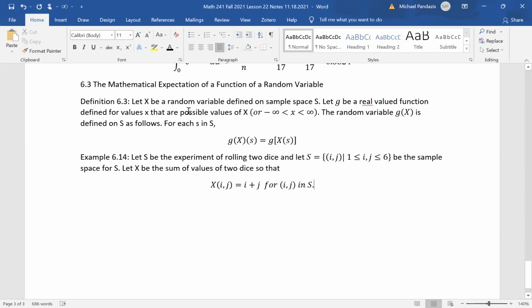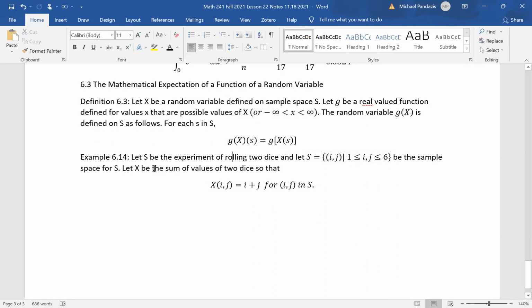So what am I saying? Let capital S be the experiment of rolling 2 dice. And so we can represent the sample space of that experiment by the set of all ordered pairs i comma j, where the first component i ranges from 1 to 6, and the second component j ranges from 1 to 6. The first component is the result of the first roll. The second component is the result of the second roll. So the ordered pair in total tells you the results of both rolls. And the set of all those ordered pairs is the set of all possible 2 rolls of those dice.